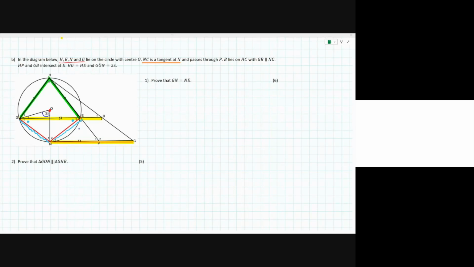So MathsLive's basically spoken us through this whole thing, guys. So firstly, yes, E2 is equal to x because angle at center, that whole thing. So this angle here is equal to x. Then we have alternate angles. So we've got the zigzag, which means N3 is also equal to x.